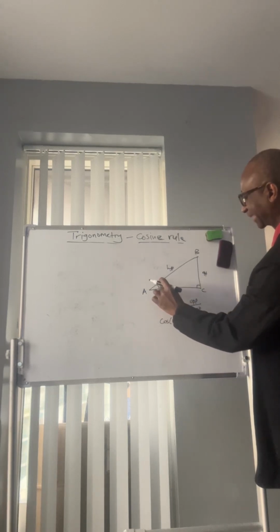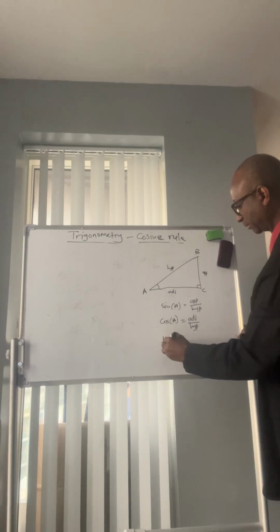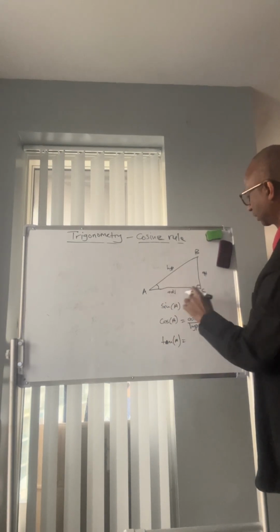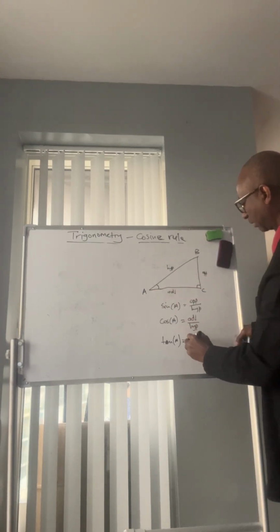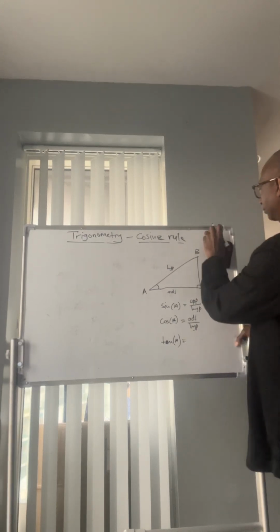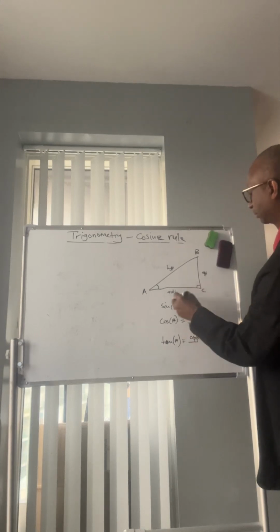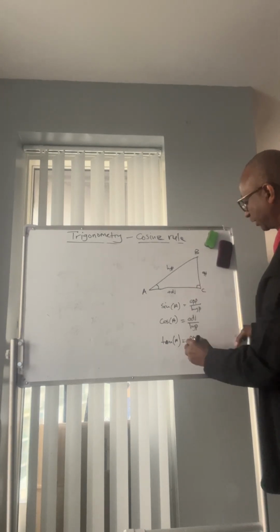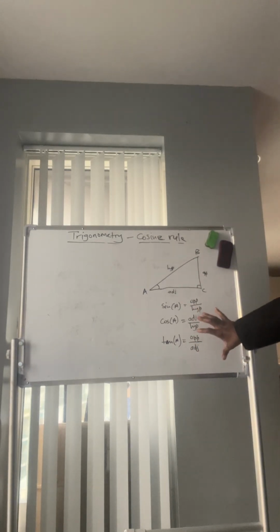If you want to find the tangent of angle A, we abbreviate by tan A, this is the opposite of angle A over the adjacent of angle A. These are the 3 identities.